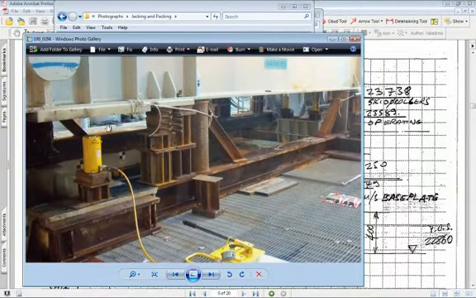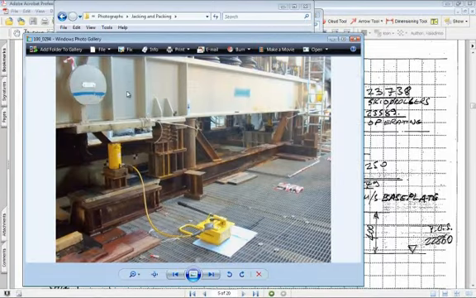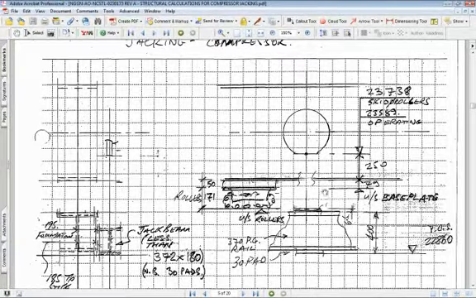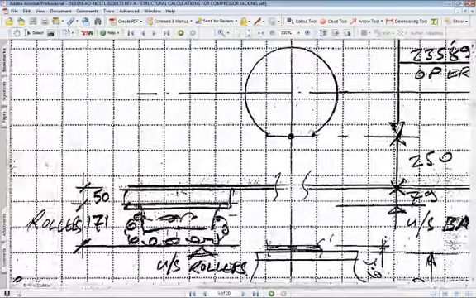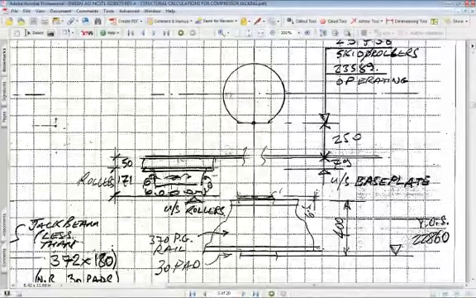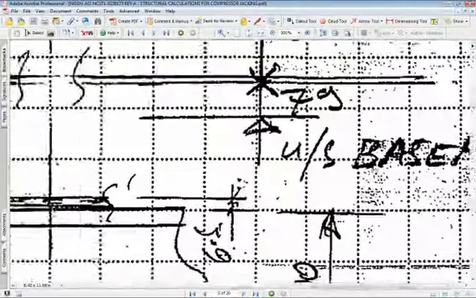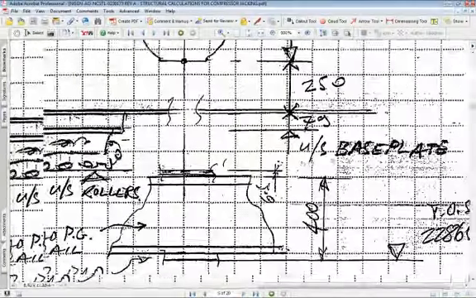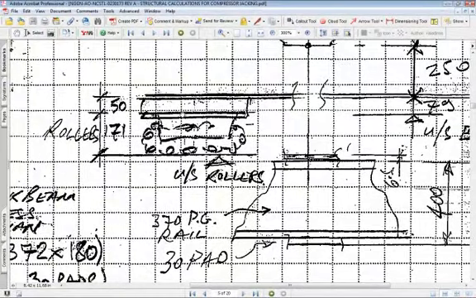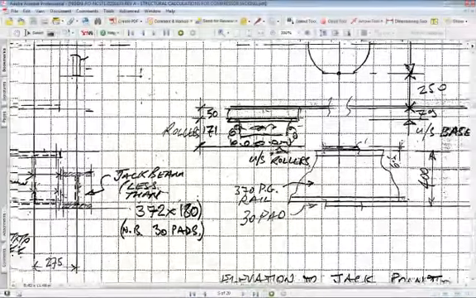Before these rollers were selected, we had to analyze and design this compressor skid for both static and dynamic impacts during installation. This is the compressor skid, those are the trunnions, and that is the base plates. These are the representation of the rollers we intend to use for analysis.